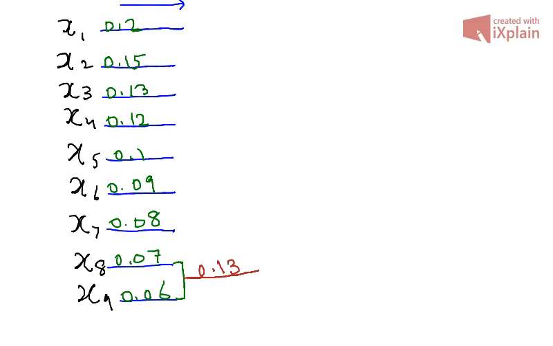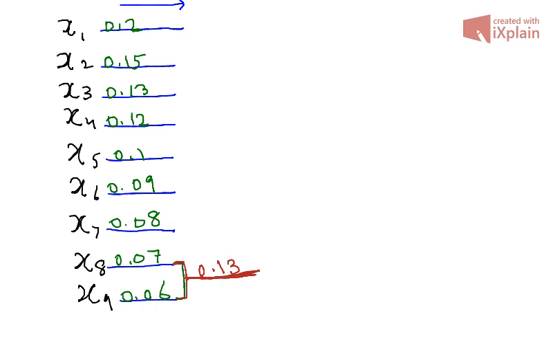Now we have to repeat this process. We always have to choose the two least probable alphabets, and we have to merge those two to get a single branch, a single output whose probability would be equal to the sum of these two. Now these two are already merged, right?